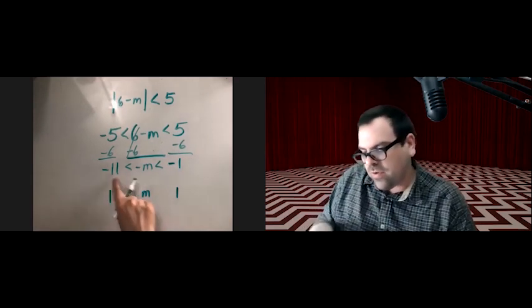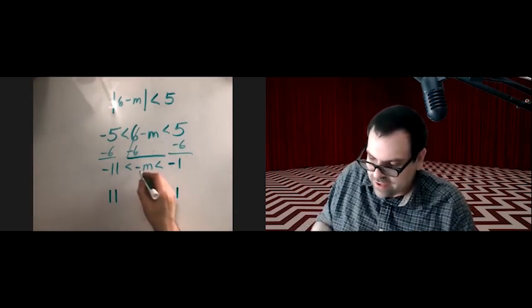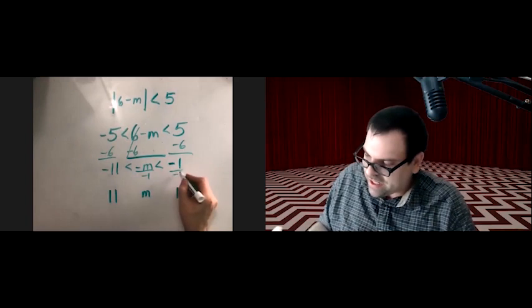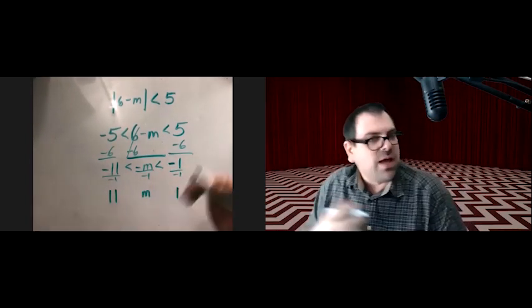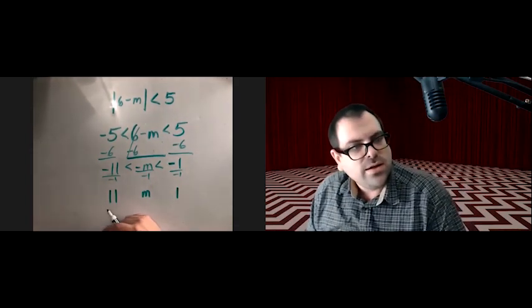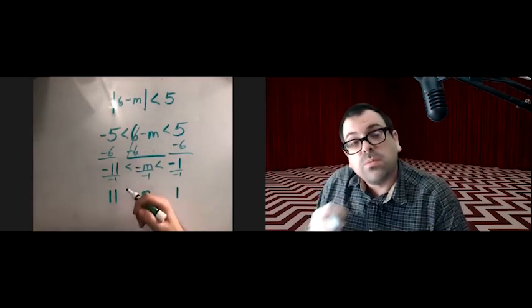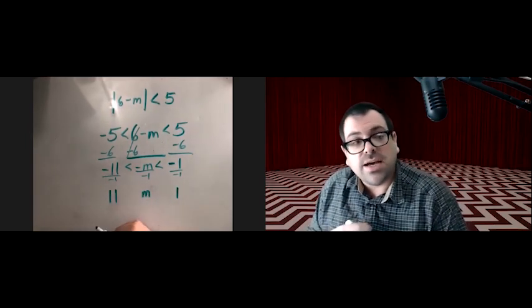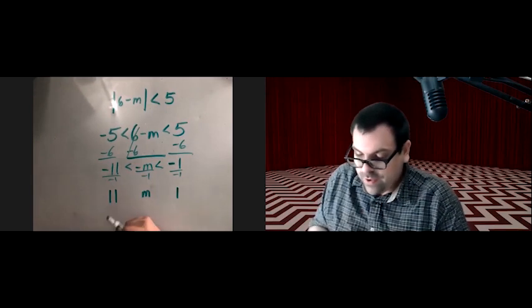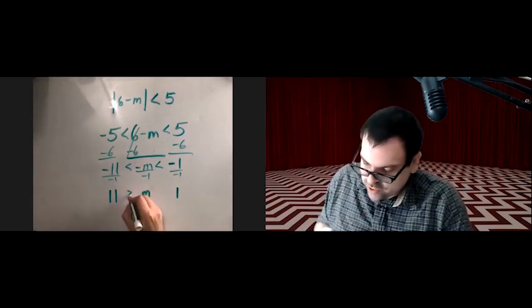But how do we go from a negative to a positive like this? We're dividing both sides by negative 1 or multiplying both sides by negative 1. And what do we do when we multiply or divide both sides by a negative? We would change less than to greater than.